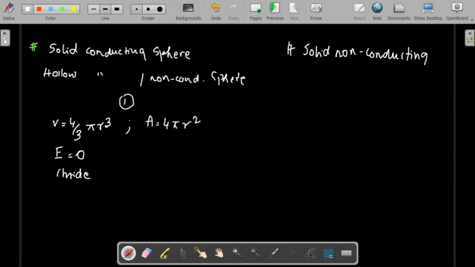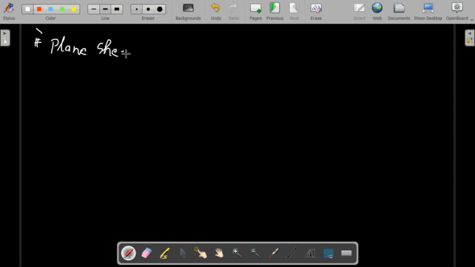Now we are going to talk about a plane sheet of charge. Again, we can say, depending on the distance, it might be an infinite plane sheet of charge.